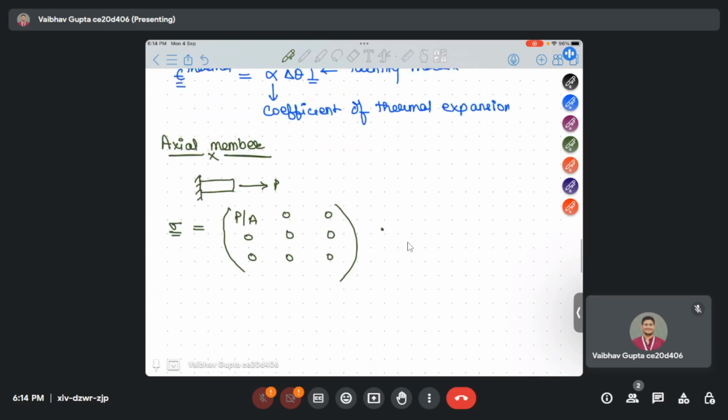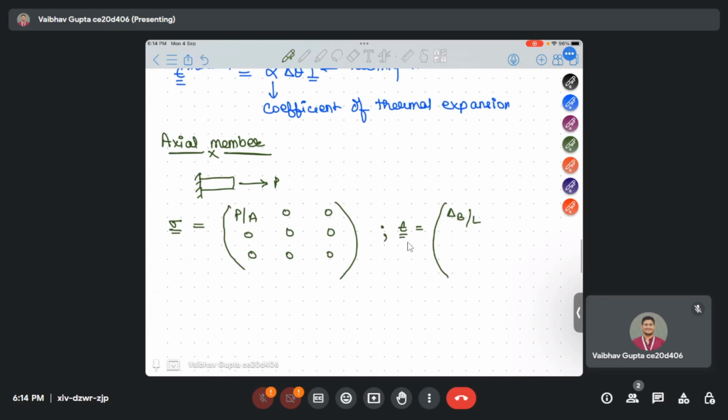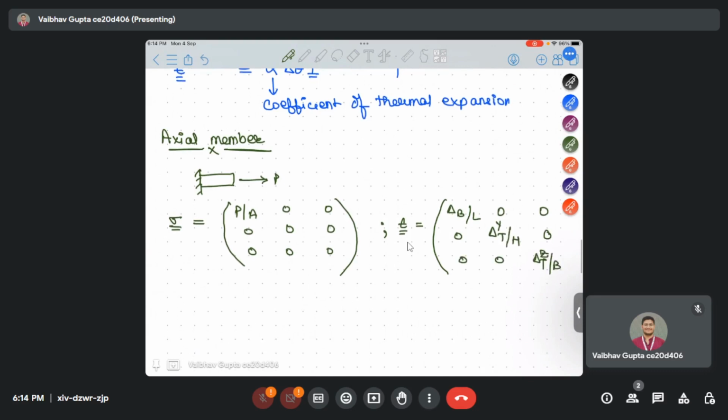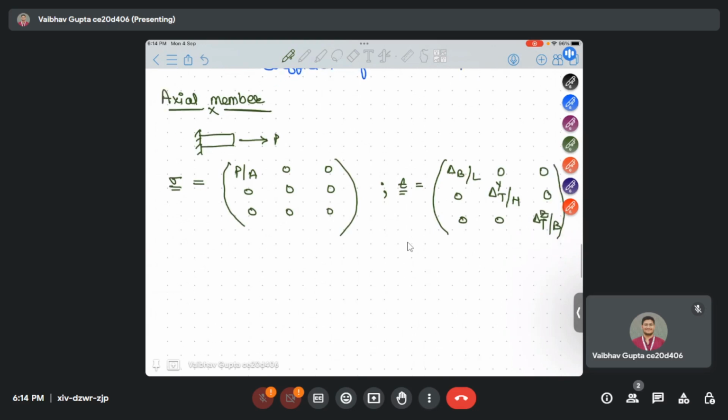So in epsilon, what we observe, as we have seen in earlier videos also, is delta B by L, 0, 0, 0, delta transverse in y direction by H, 0, 0, 0, and delta transverse in z direction by the corresponding length, that is B.